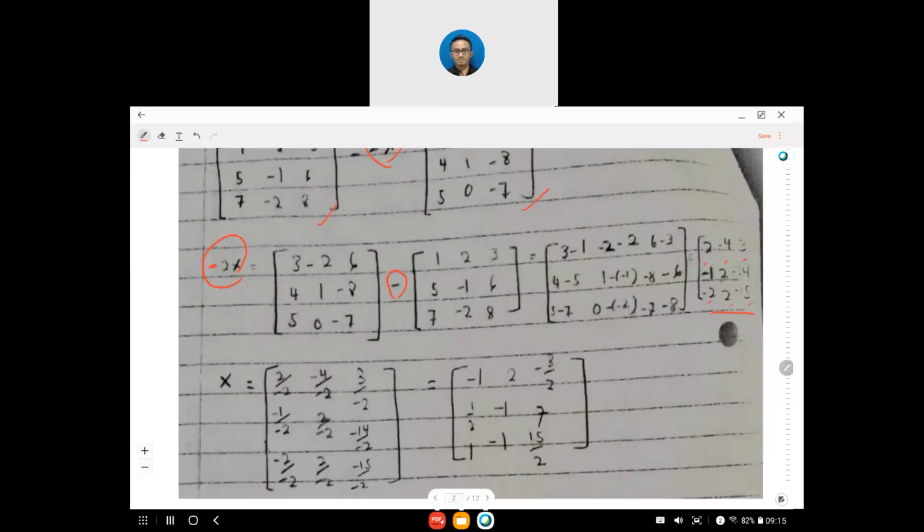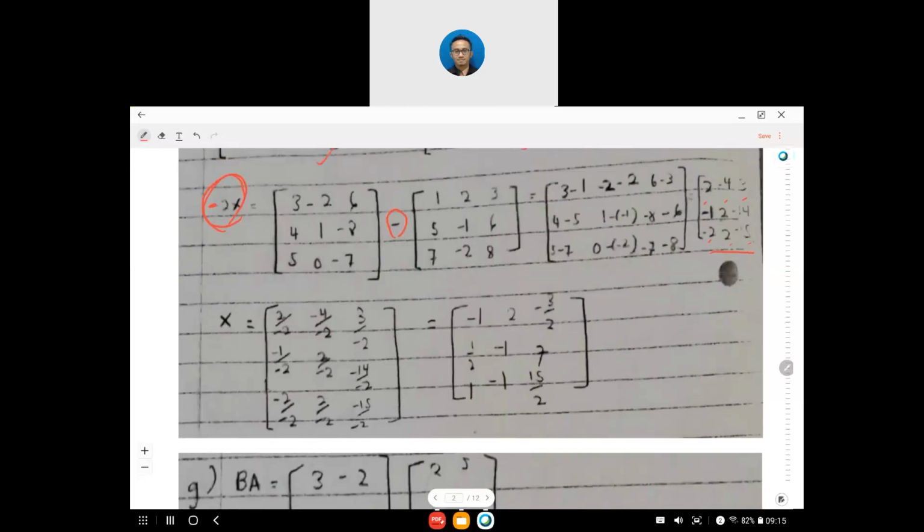Also the same thing: on the left hand side there is negative 2x, so you must divide all the items by negative 2. So you get matrix X, and your final answer is negative 1, and this one, negative 1 becomes 2.